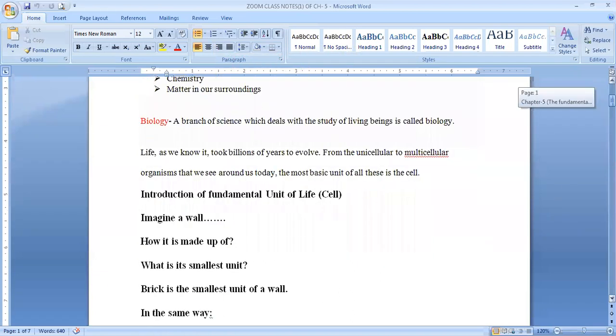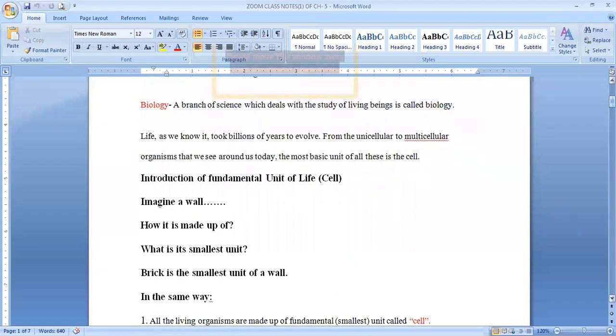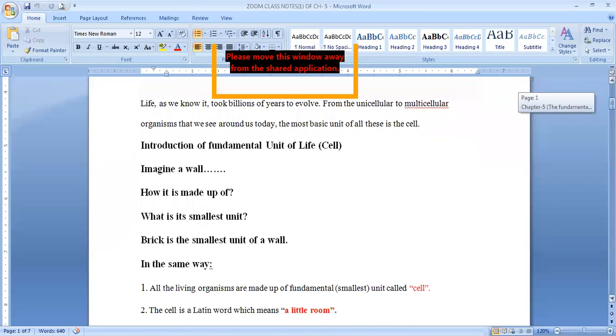Today we are going to discuss the fundamental unit of life, that is cell, right? Now, all of you know that either it is a unicellular organism or a multicellular organism, the basic unit of their life is the cell.